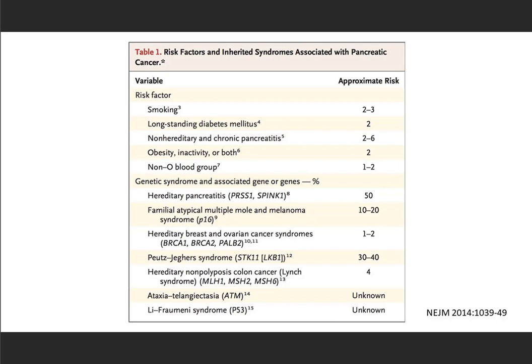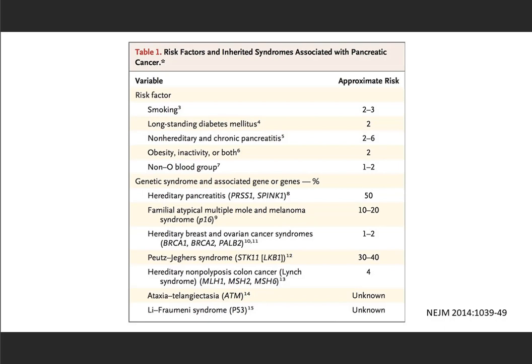In contrast, when you look at some of the hereditary genetic syndromes, which are very rare, they don't affect much of the common population, but you can see that if they are present, such as hereditary pancreatitis, which is a mutation in the PRSS1 gene, or the presence of a P16 mutation, some of these risks are almost 50-fold to 10 to 20-fold.